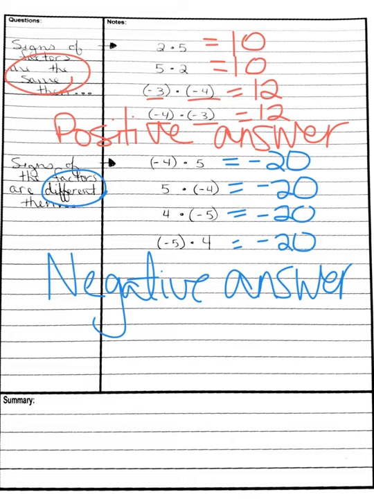I hope that we can look at our problems and determine if they should be positive or negative before we even do our multiplication. We're going to look at the last try it on page 41 in your book. There are problems. So I am on page 41.